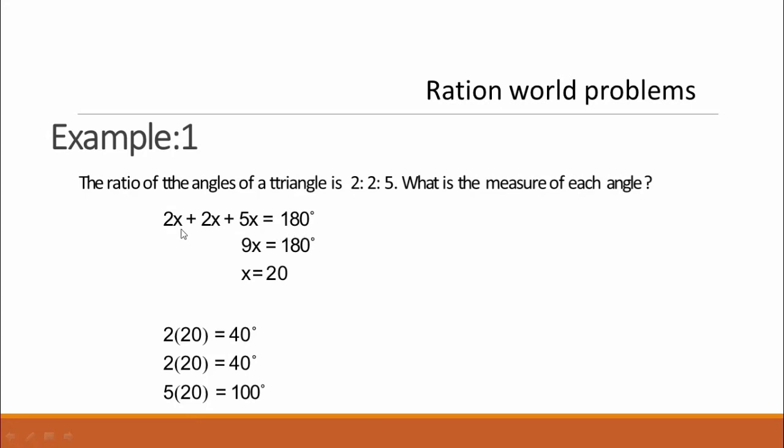Now 2x plus 2x plus 5x is equal to 9x, and 9x is equal to 180. So dividing both sides by 9, we obtain x is equal to 20.